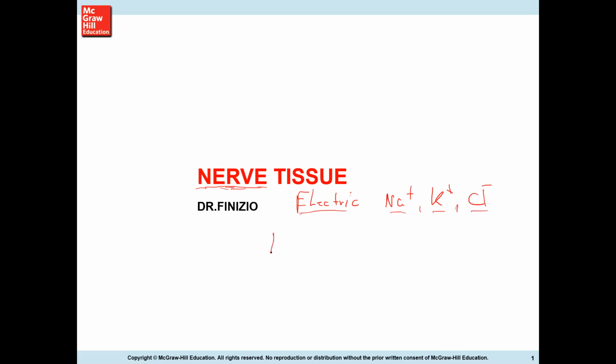So, of course, the functional cell, the parenchyma of the nerve tissue, is the neuron. We'll look at the neuron, and then you have glial cells. Glial cells are supportive cells, or neuroglia, sometimes they're called.